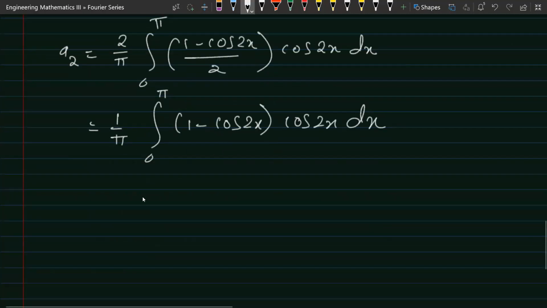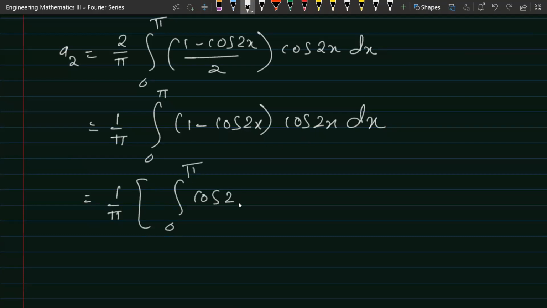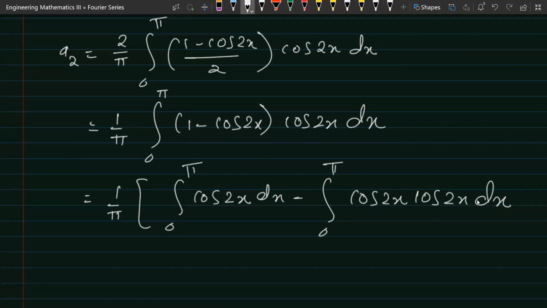Take the multiplication and separate the integrals. 1 upon pi integration 0 to pi: 1 into cos 2x is cos 2x dx, minus integration 0 to pi cos of 2x into cos of 2x dx.